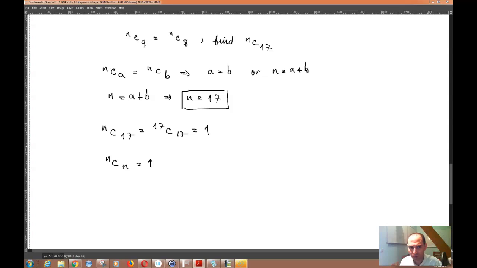Yes, that is correct. And the way that they have solved this problem is basically they have written n combination 9 is equal to n combination 8. That's the problem that we had.